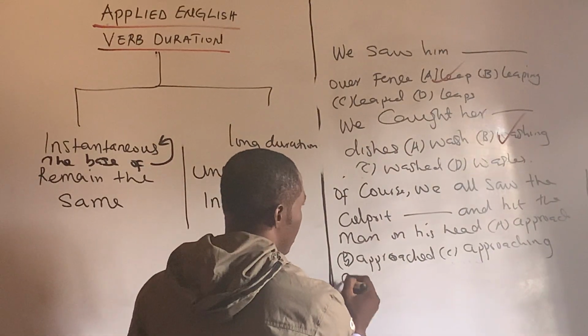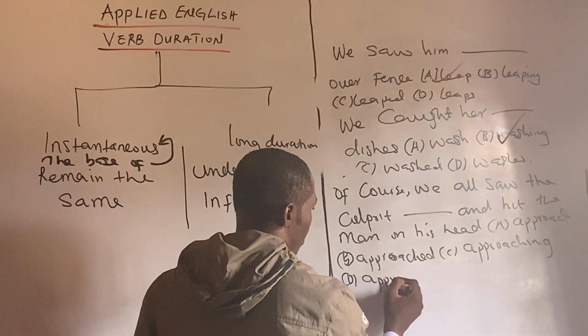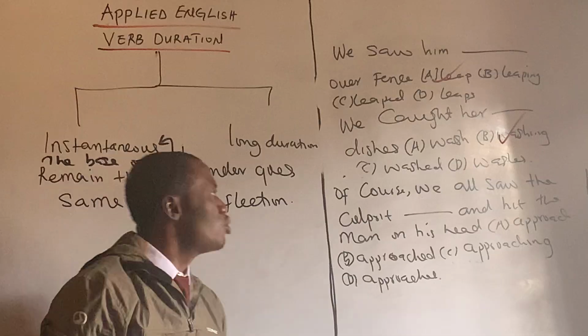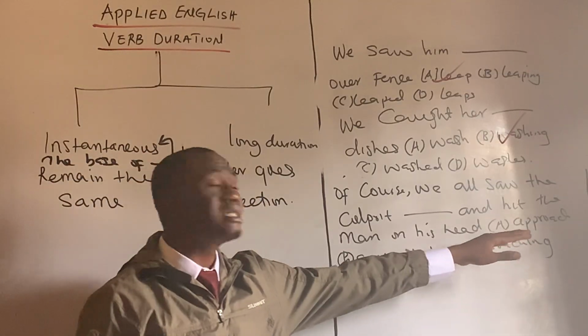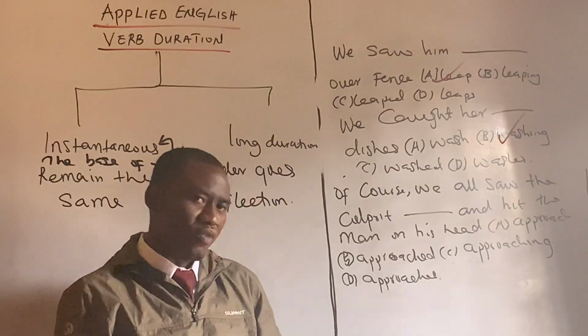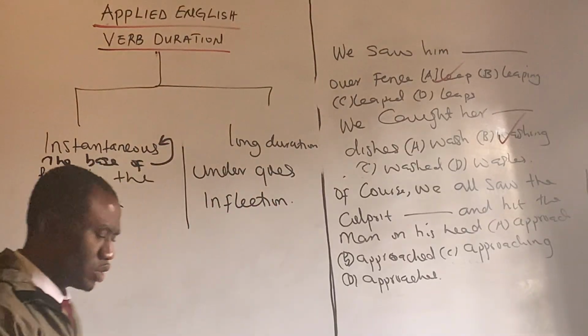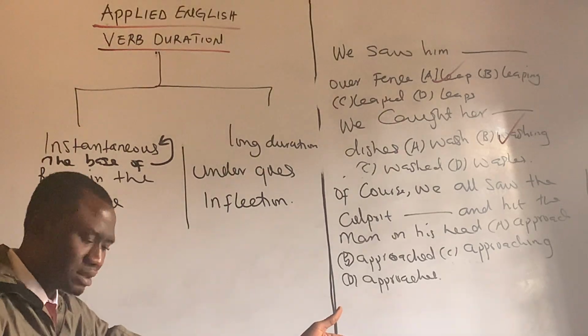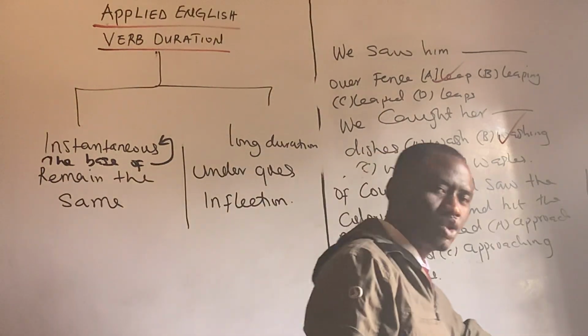And D, approaches. So what's the answer? We need to know, is approach an instantaneous verb or a long duration verb? Of course, you don't approach like this. You approach from a longer distance. So approaching, you're walking towards someone.